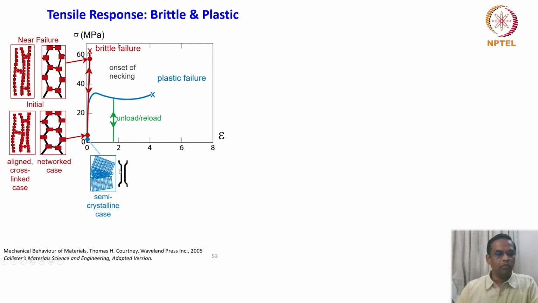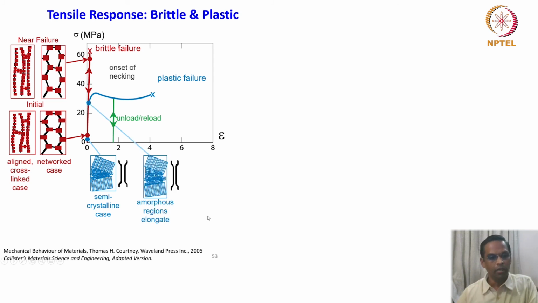On the other hand, if you start with this semi-crystalline polymer, which exhibits elastic, heterogeneous plastic, and homogeneous plastic type 5 stress-strain behavior. To start with, they are all semi-crystalline in nature. So you see that crystalline region, and then in between there are some semi-crystalline or amorphous regions.